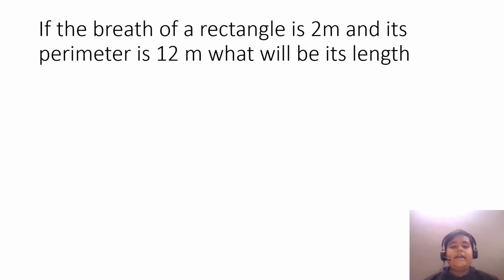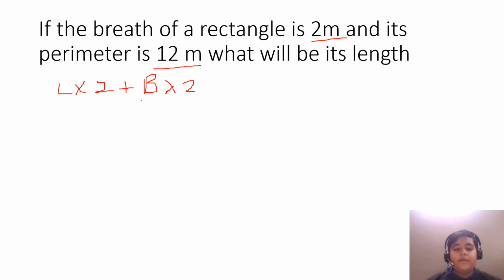This question is saying, if the breadth of the rectangle is 2 meter and its perimeter is 12 meter, what will be its length? So we know that we get the perimeter after multiplying length into 2 plus breadth into 2.